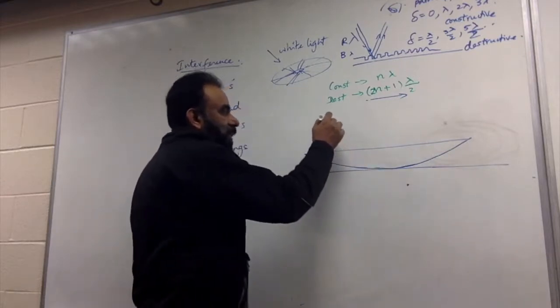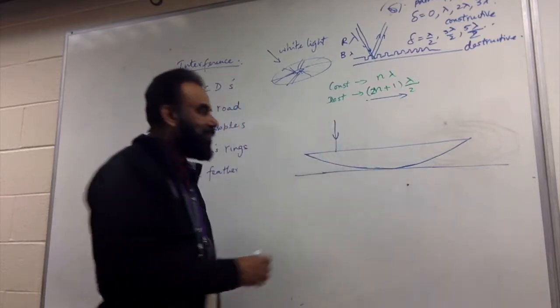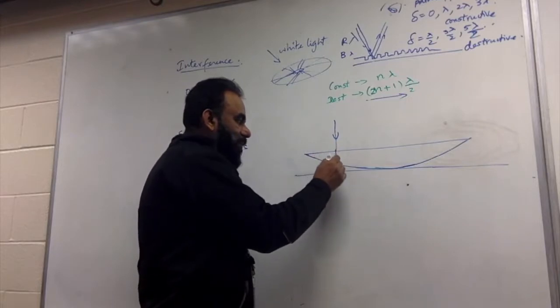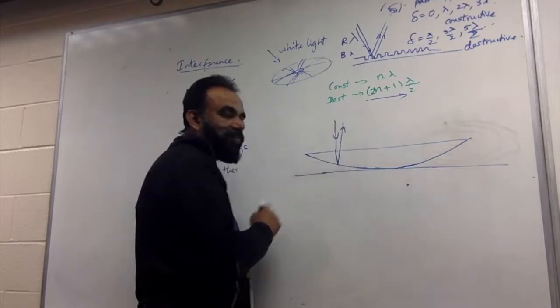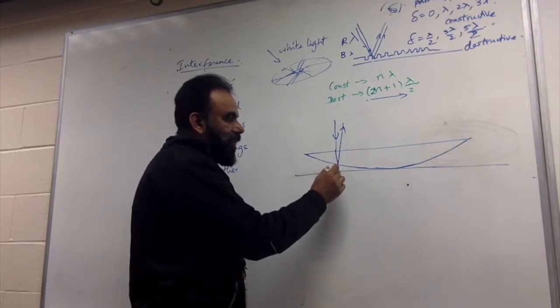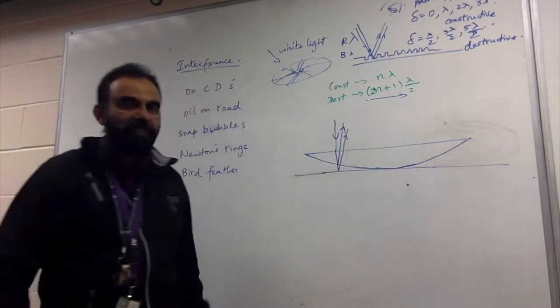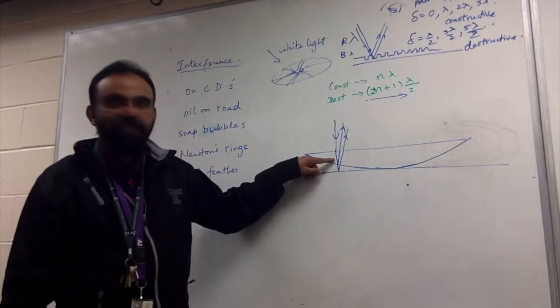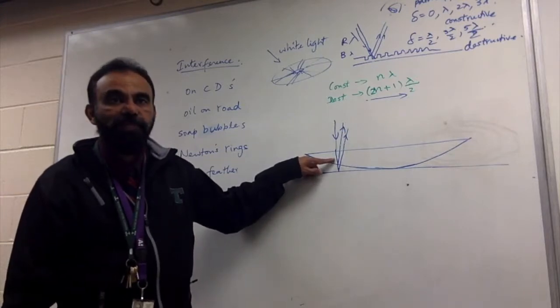Now when a light comes and hits here, this light goes down here and gets reflected. And then the next part of it goes down, gets reflected. Where's the first one getting reflected? At a dense medium or rare medium?